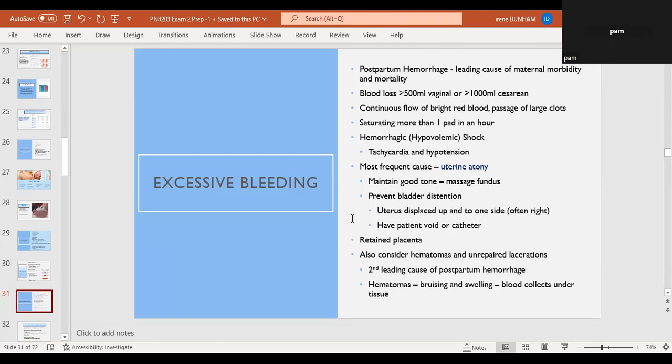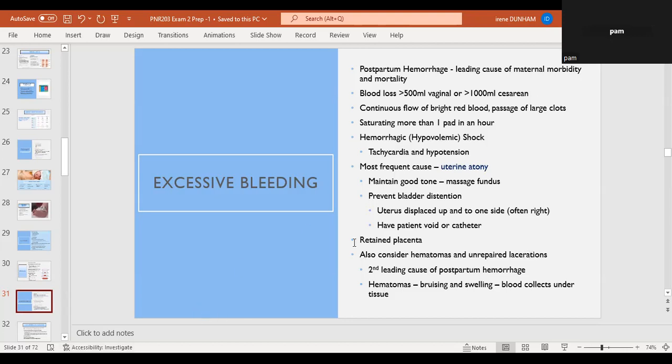And then another cause of this hemorrhagic hypovolemic shock could be retained placenta. We talked about that quite a bit. And then you also have to consider hematomas, or she had a laceration and they did not repair it in the labor room, the delivery room. So that's another problem, that she could be bleeding from that unrepaired laceration.